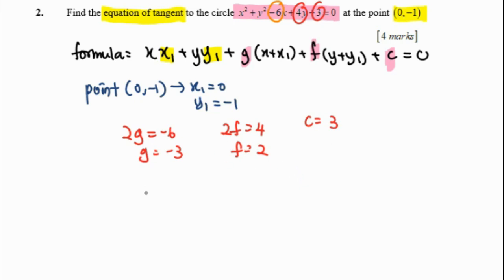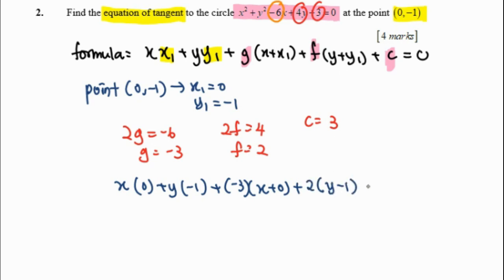Then we substitute into our formula of the tangent, where x times x1, which is 0, plus y times y1, which is negative 1, plus g, which is negative 3, times (x plus 0), plus f, which is 2, times (y plus y1, which is negative 1), plus the constant c, which is positive 3.